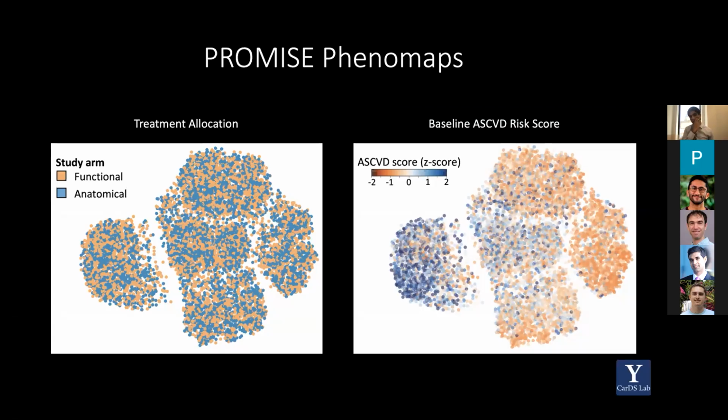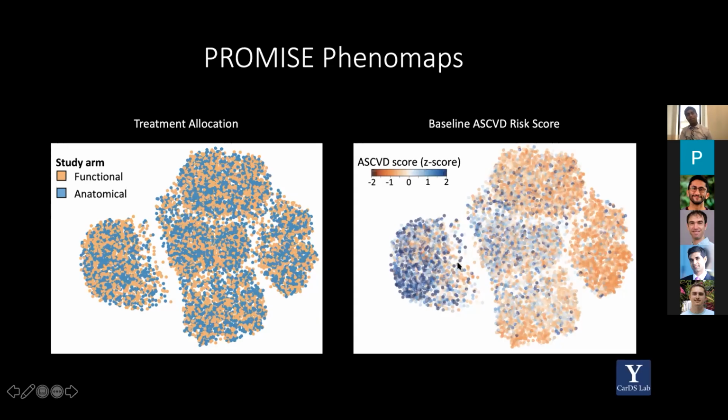So there is no bucket which has a preponderance of the functional or the control arm. If you take a very small center, obviously there's a likelihood of getting one arm versus the other. But for the most part, if you take large enough chunks of the trial, you'll have a uniform distribution of the true treatment allocation arms.